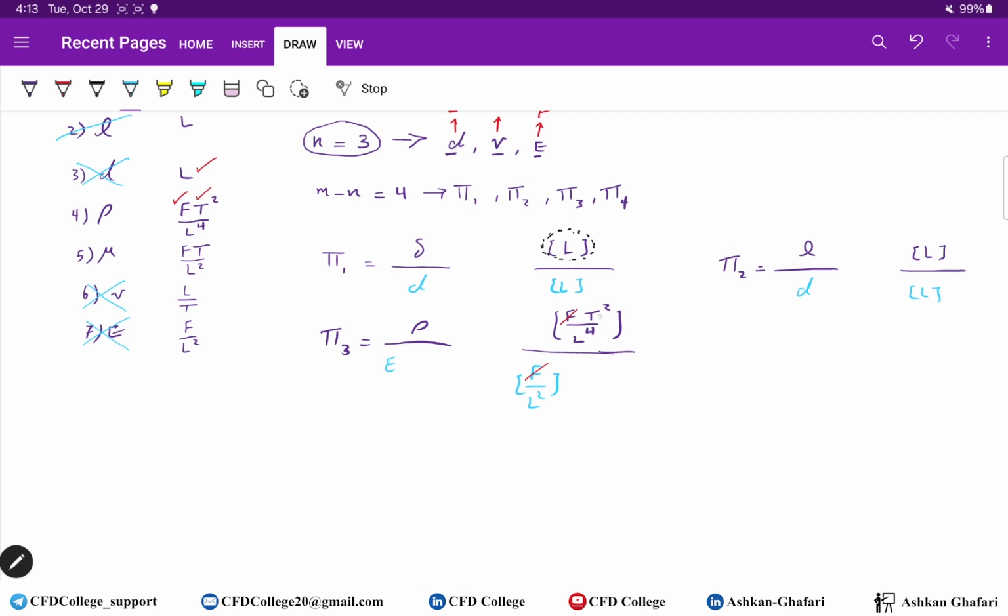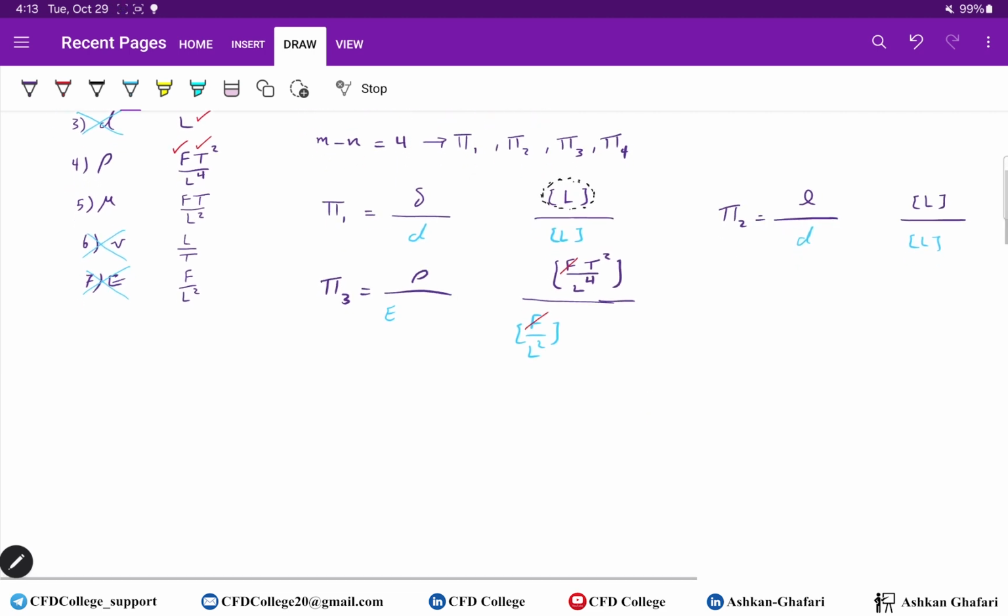So let's deal with T square. T is in velocity. So actually we need T square since we have length in velocity. So if we have T2, we should have L2 in the denominator, and this is velocity.